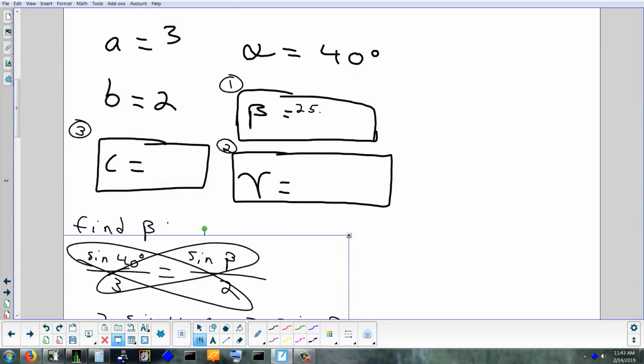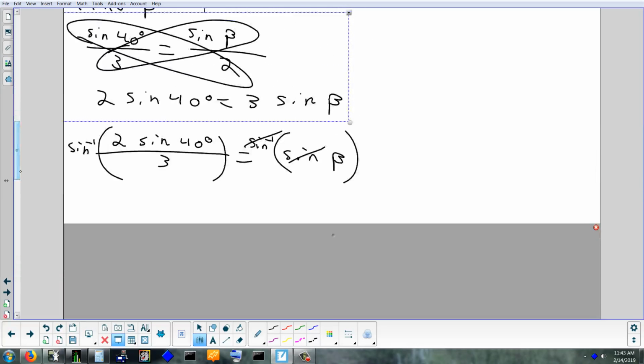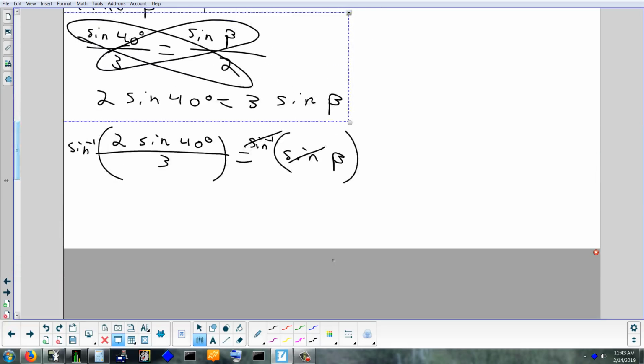The reason I'm going to write it up higher is because there could be a second answer. So if there's a second answer, we're looking for a quadrant where sine, if I go back to the step we had before, it said sine of beta equals all of that stuff.